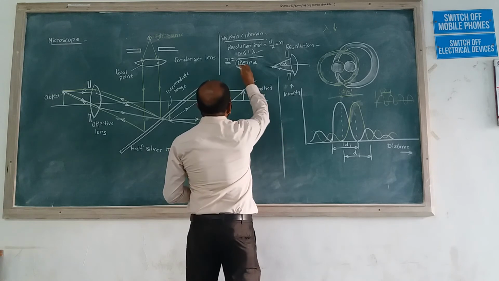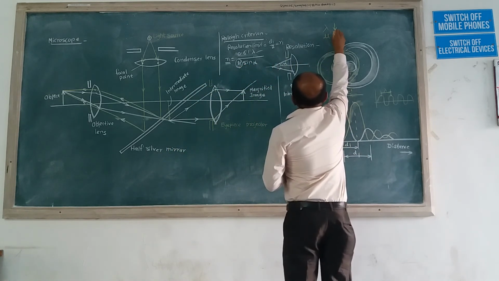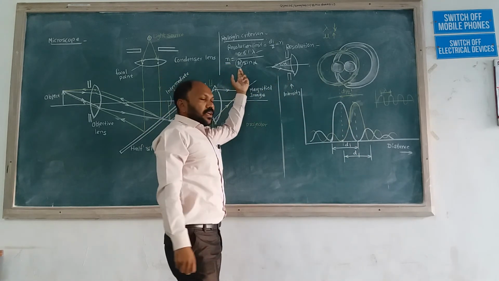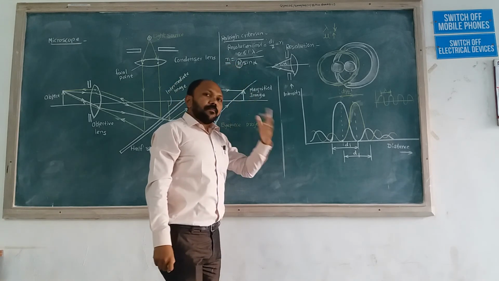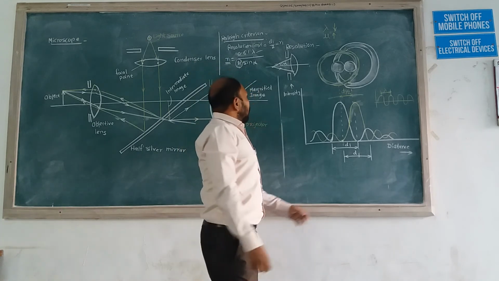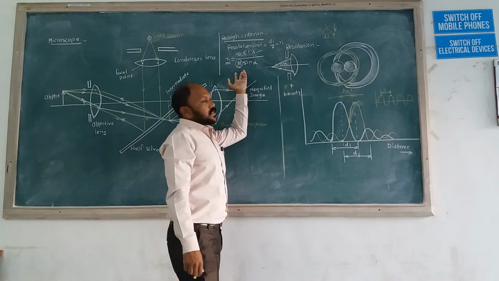Our second point is related to mu. We want to reduce this R1. So if we increase the value of mu, then we get a lower value of radius, and we know that when the radius is less, the resolution is high and the quality of picture is high.